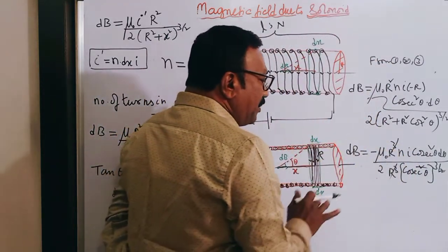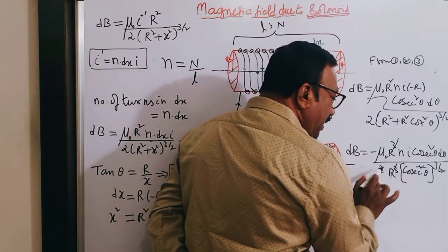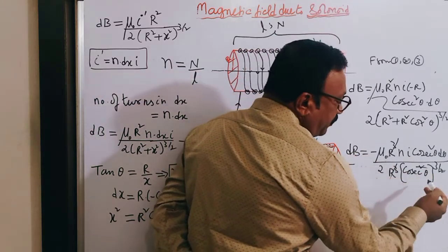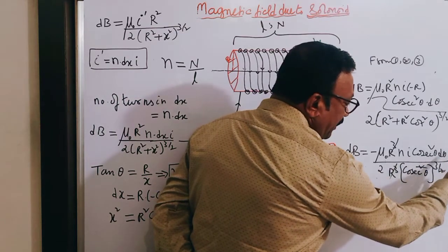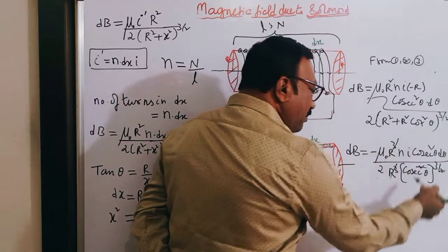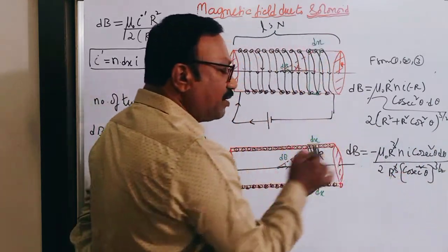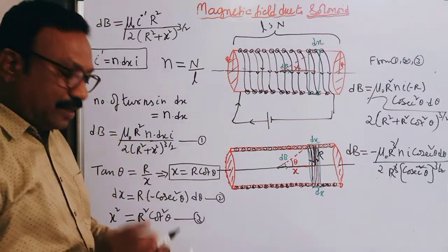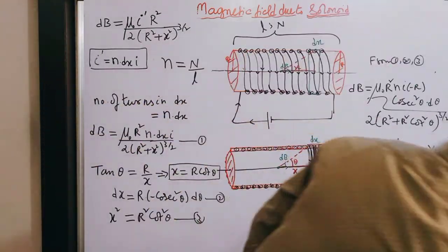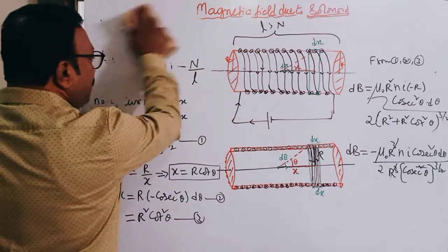So finally I am left with dB equal to mu naught ni by 2 into cosec square theta d theta by cosec theta whole cube. So 1 by cosec theta will be left out, because cosec square theta and cosec cube theta cancel, 1 by cosec theta is left out. So now this expression is suitable for integration. Let me write the final expression of dB here.